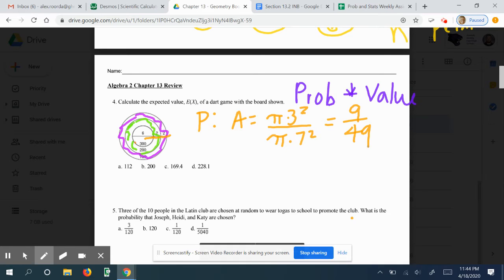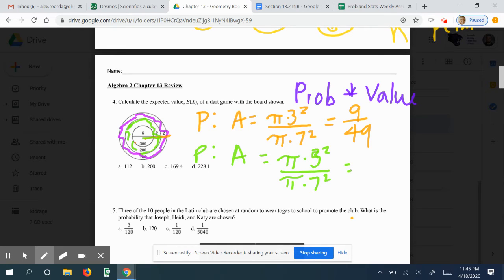Okay? Now, let's find the probability of green. We know that it's 3 and then 4, 5, so it would be pi times 5 squared over pi times 7 squared, the whole circle.